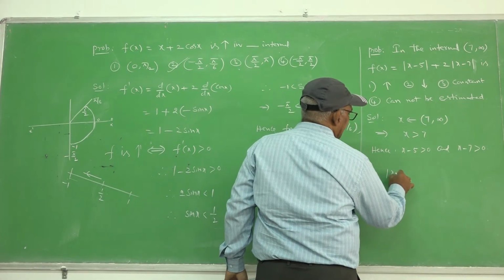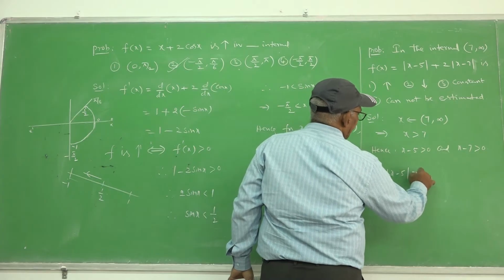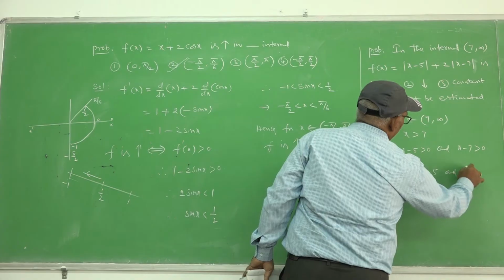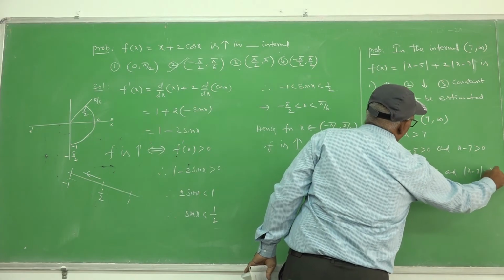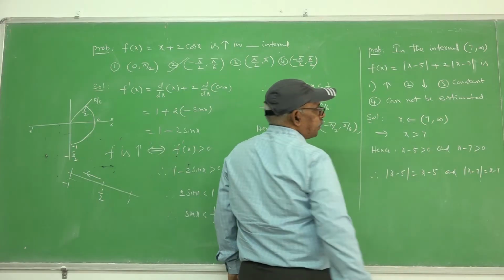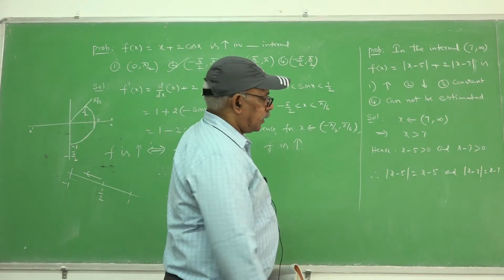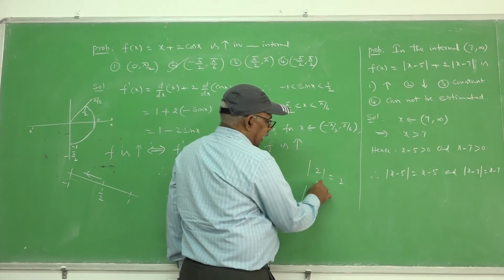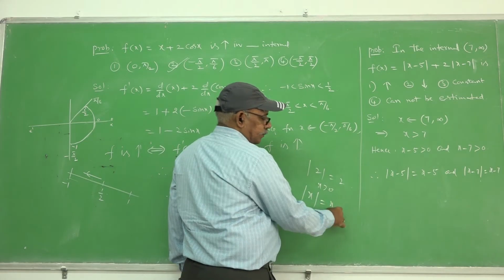Therefore, mod x minus 5 is x minus 5 and mod x minus 7 equals x minus 7, because the modulus of a positive quantity is itself. Mod 2 is 2. Mod x for x greater than 0 is x.